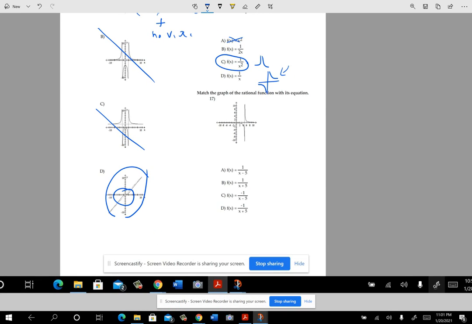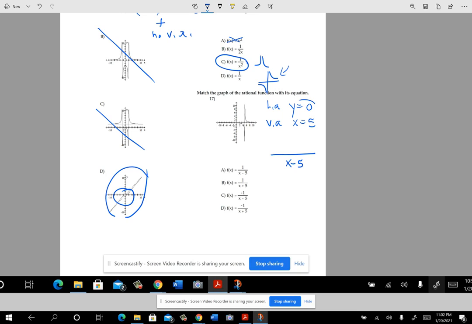All right, here's another one. We're just trying to match the graph with its possible equation. So you just notice something about the features. See how it has a horizontal asymptote at y equals 0, and it has a vertical asymptote at x equals 5. Okay. The vertical asymptote must have come from having an x minus 5 in the denominator.